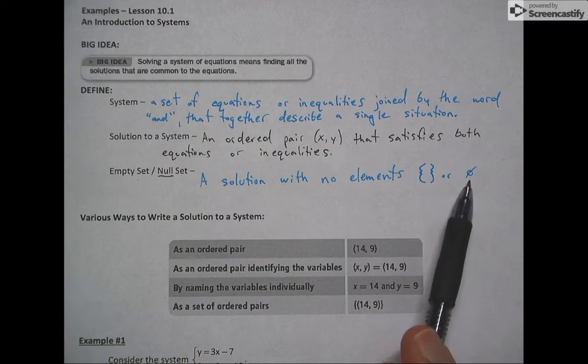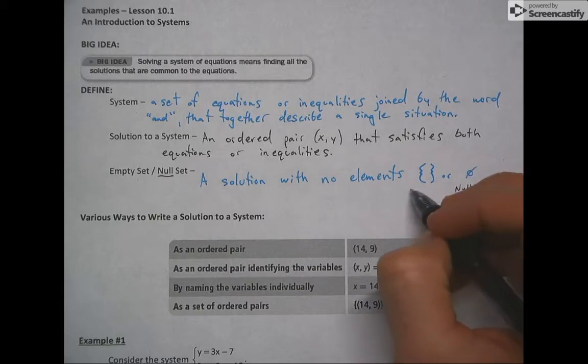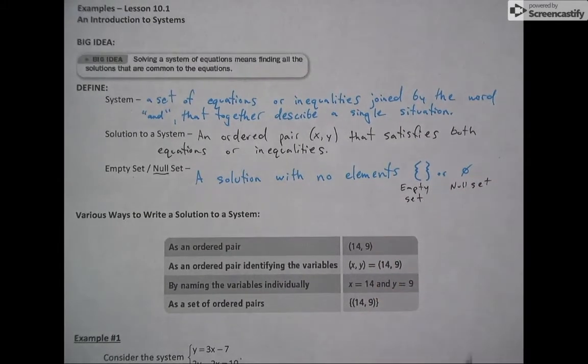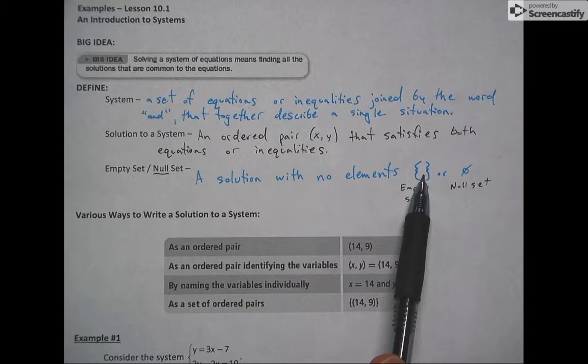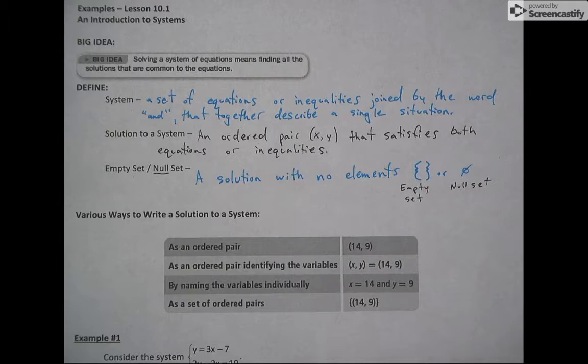And when we write that no solution, technically, we call that the null set. Okay, and this is your empty set. So these are some brackets here. And traditionally, if there's an answer, the answers are going to be listed inside of these. They look like parentheses. And so if there's nothing inside of them, it's an empty set. There's no answers, or we write no solution, and this can be referred to as the null set.